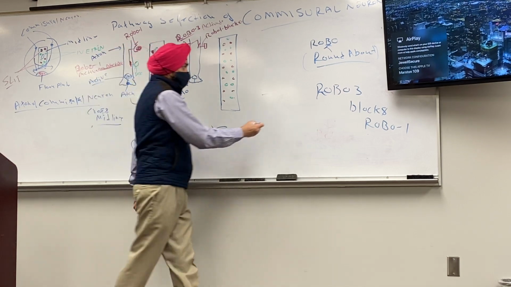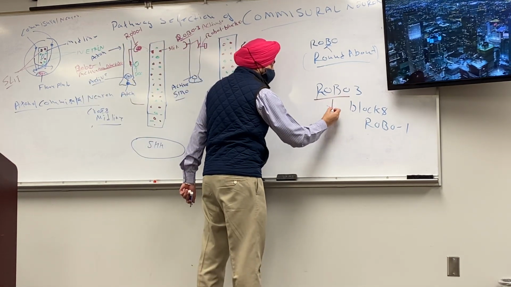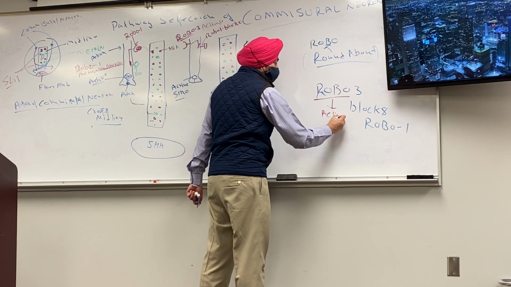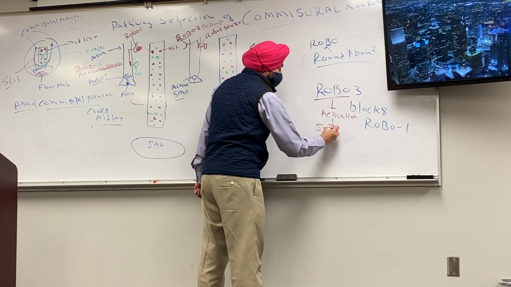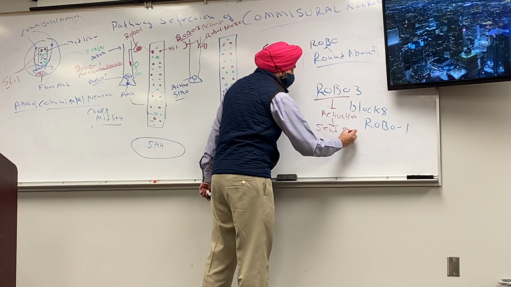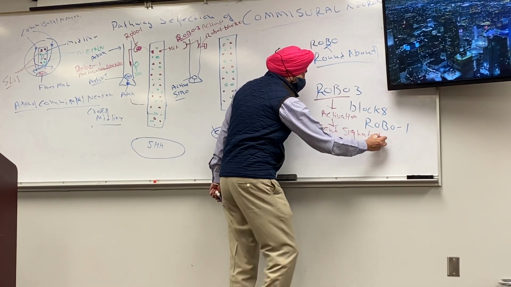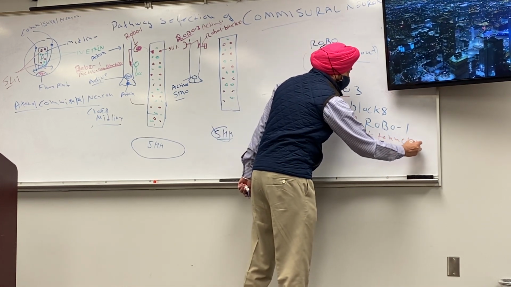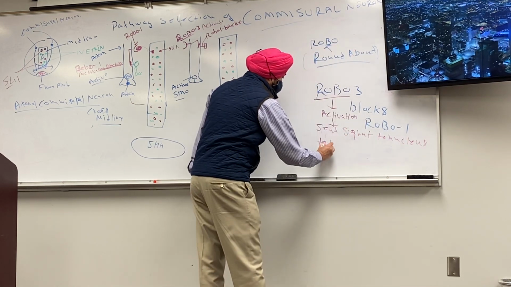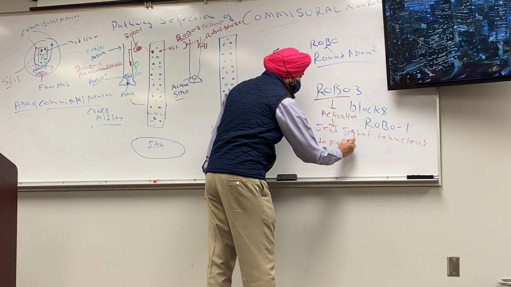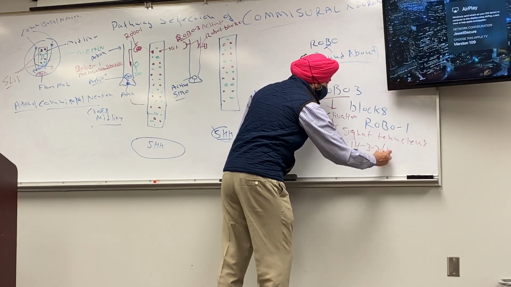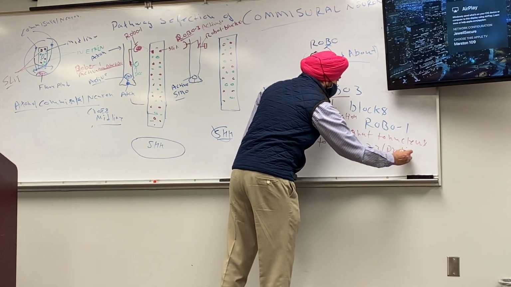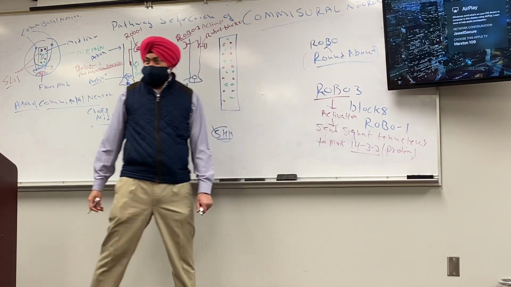Robo3 activation sends a signal to the nucleus to make 14-3-3. This is the name of the protein. 14-3-3 protein is made.